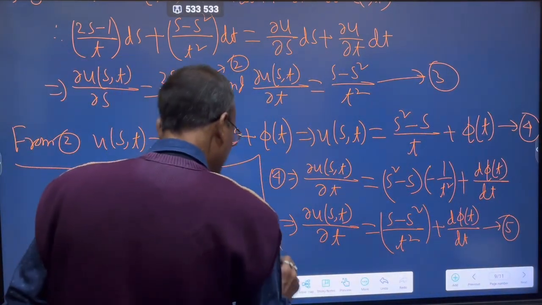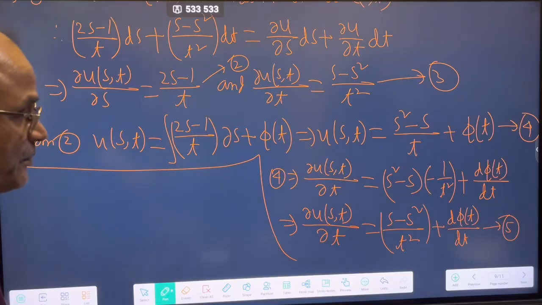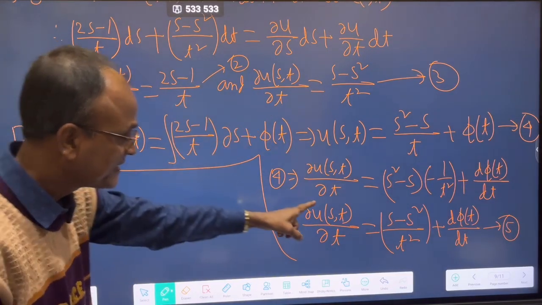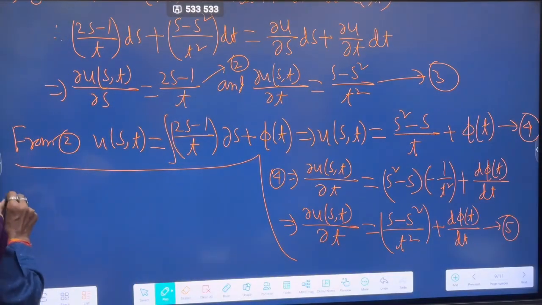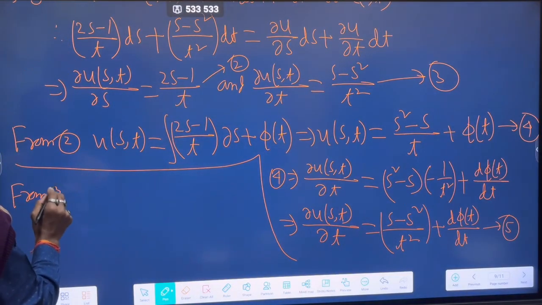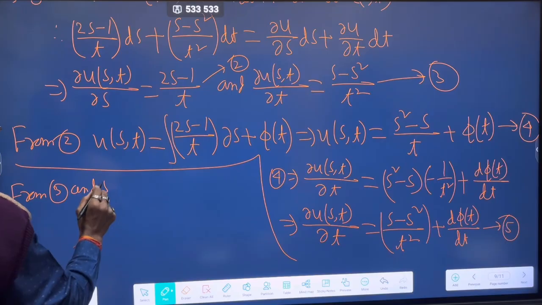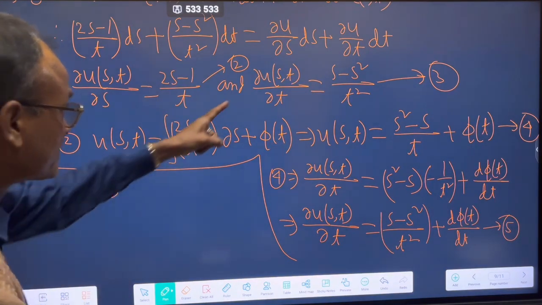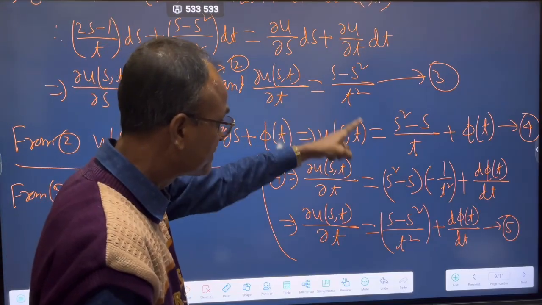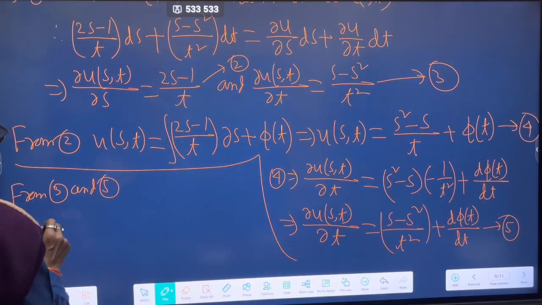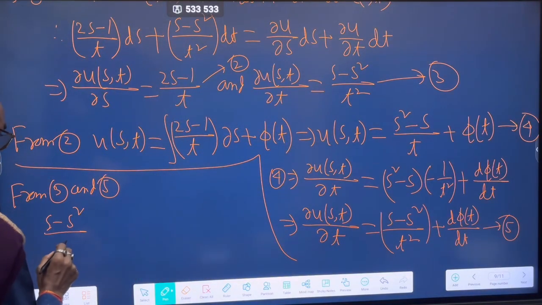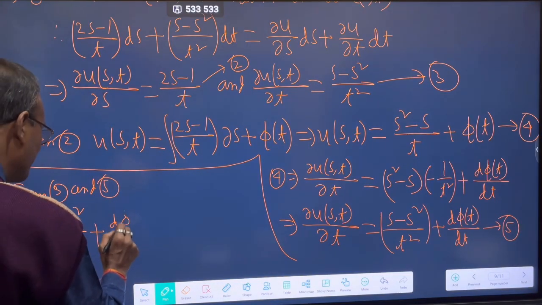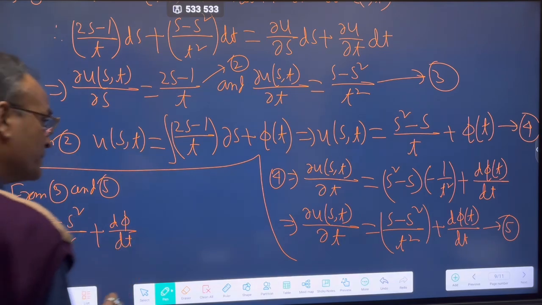Now from 3 and 5, del u by del t equal to s minus s square by t square plus d phi by dt.